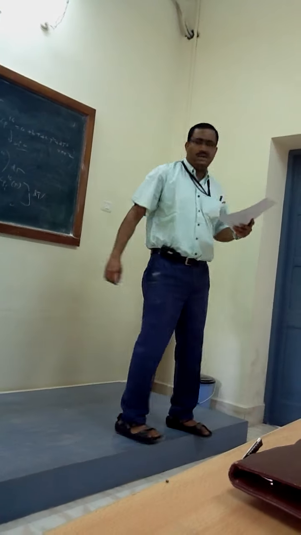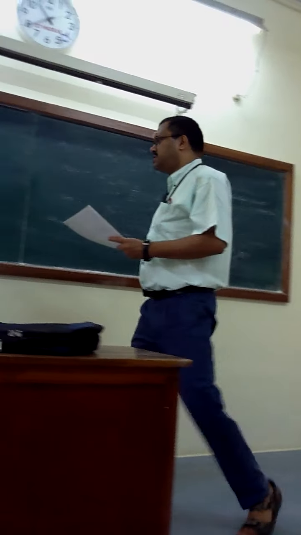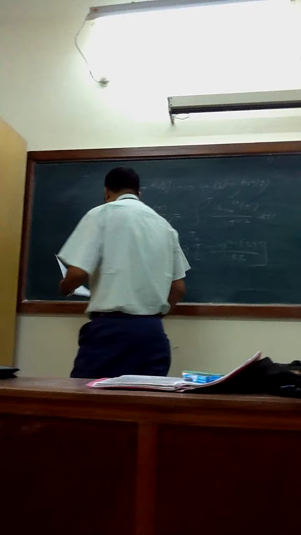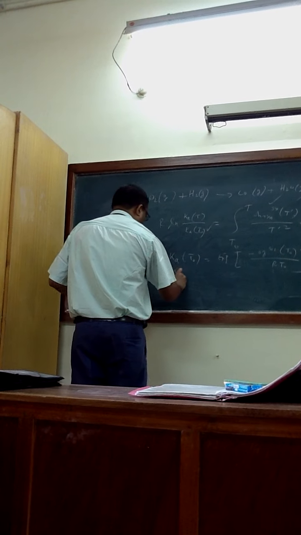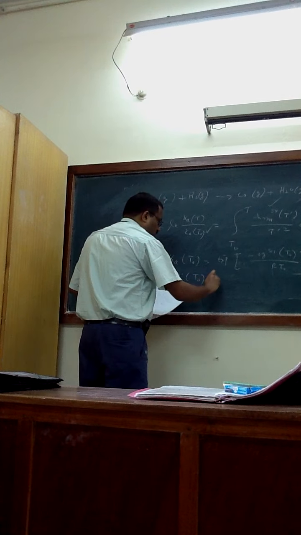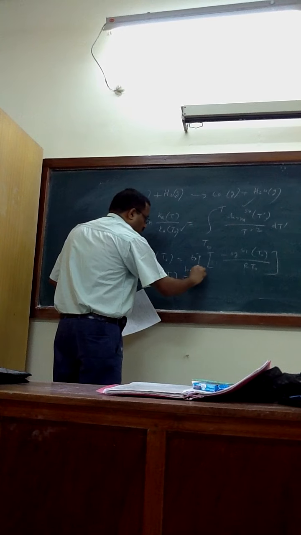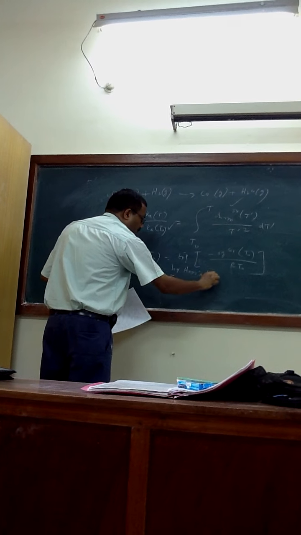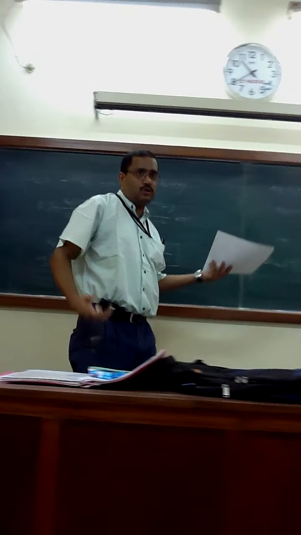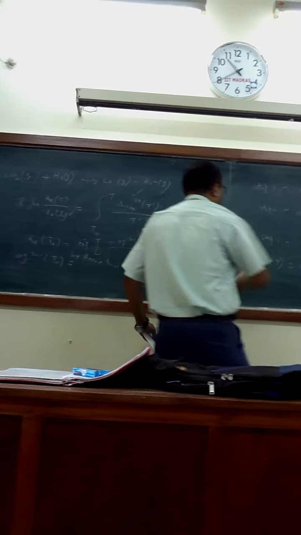How to calculate delta G reaction at T0 is by Hess's law. Only thing is I have to supply the formation reaction data, otherwise you cannot calculate. So let's have the formation reaction data.